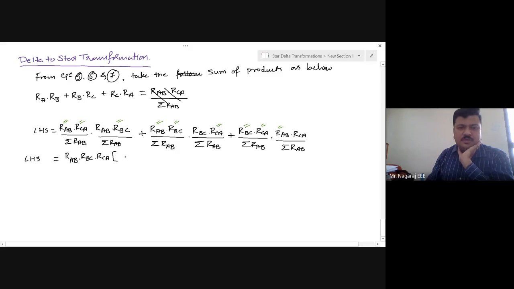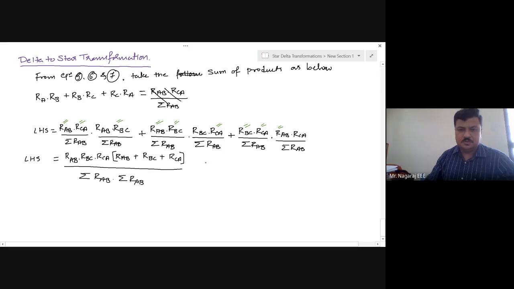So in the first term RAB is remaining, plus in the second term RBC is remaining, plus in the third term RCA is remaining, divided by summation RAB into summation RAB.